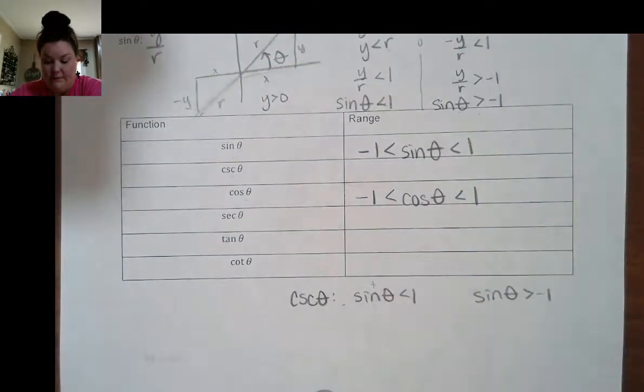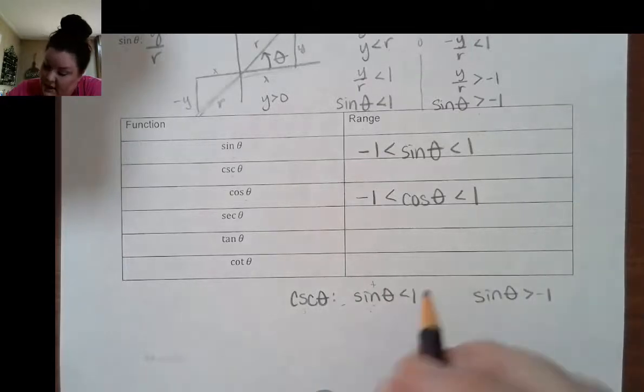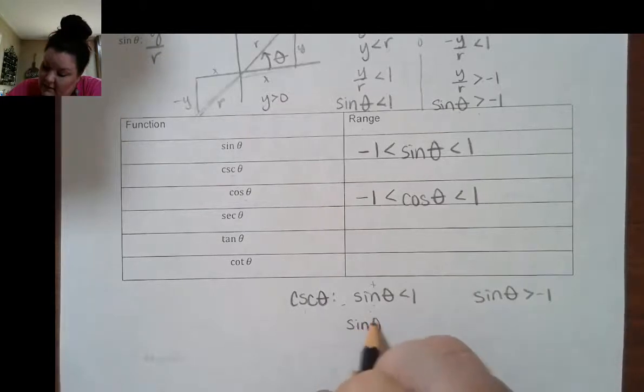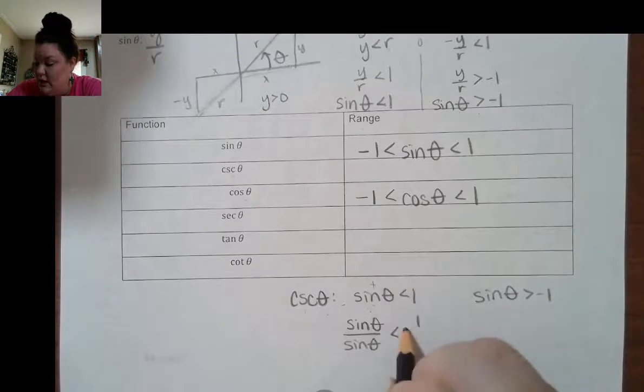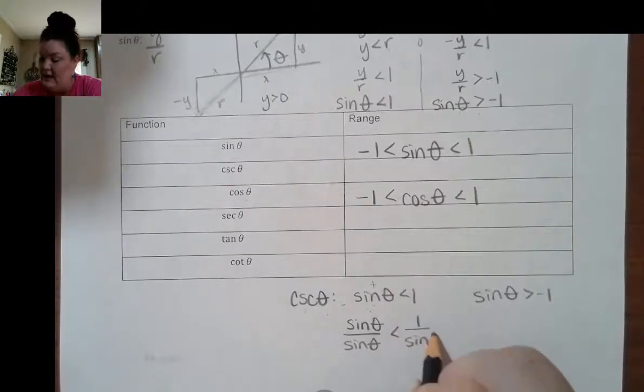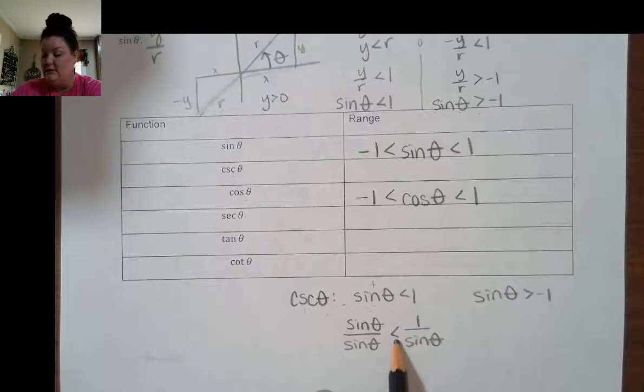So I'm going to divide both sides by sine theta because I'm trying to come up with cosecant. That gives me sine theta divided by sine theta is less than 1 over sine theta. And I don't have to reverse this symbol because, since this one came from quadrant 1, I know that my sine value is positive.